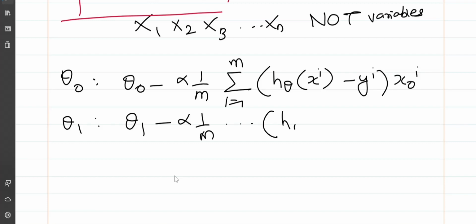So this will remain the same. So you get the idea about how this works.